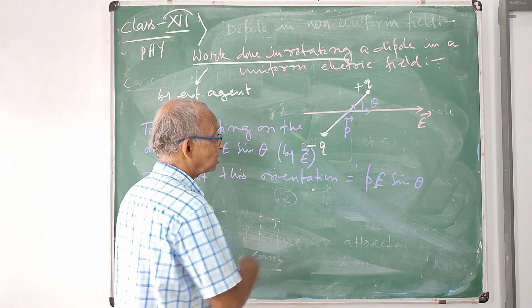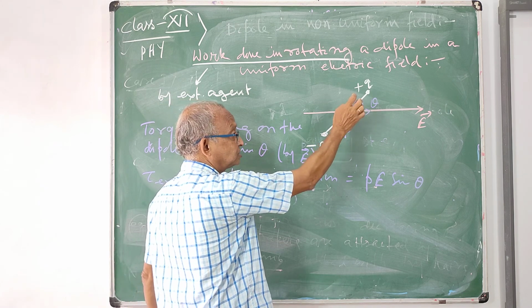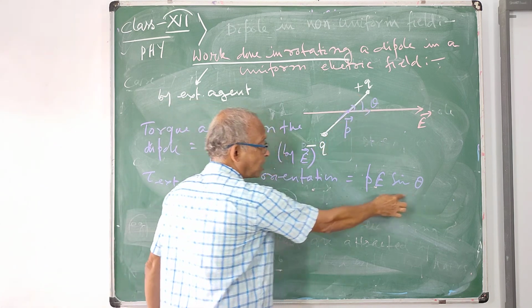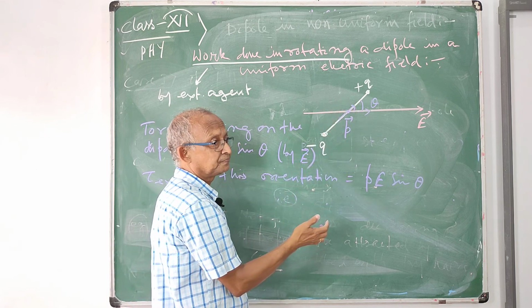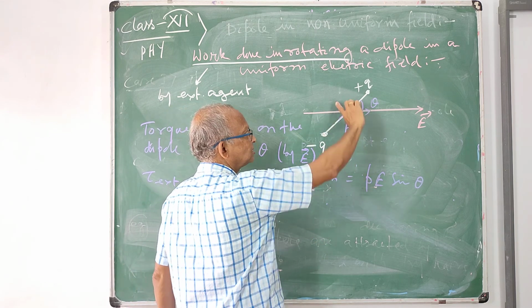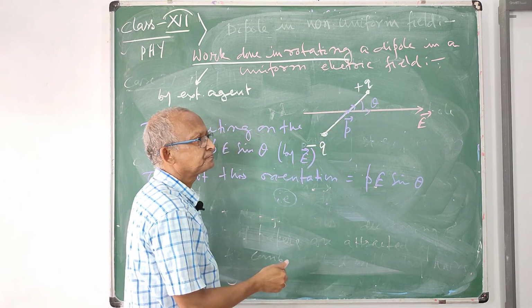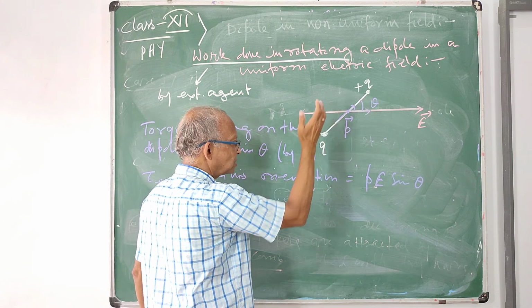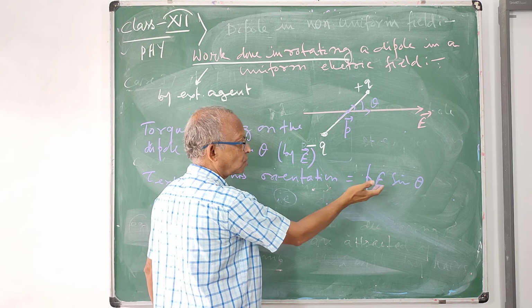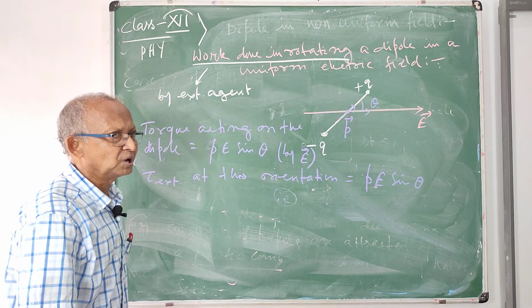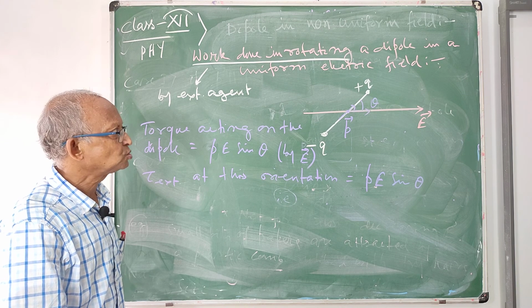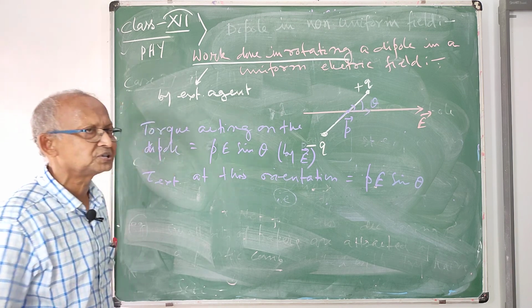But I am saying the orientation is this, making an angle theta. Unless you apply this much torque, the dipole can't be at this orientation. If you remove this external torque, it will get aligned with the field. So at this orientation, the external agent applies a torque P E sin theta to make it stable, to hold it at this orientation.